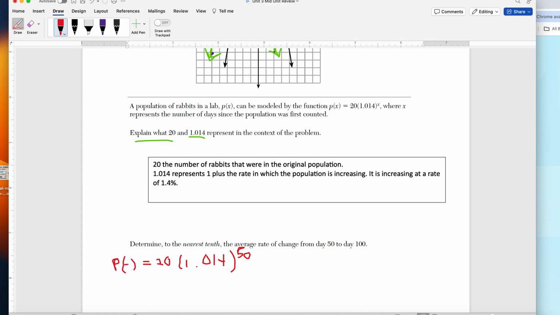This is so sloppy. I'm so sorry. This is the best I could do. Then we have P of 100. Remember, this is a 2. 20 times 1.014 to the 100th. That's what we're going to do first.